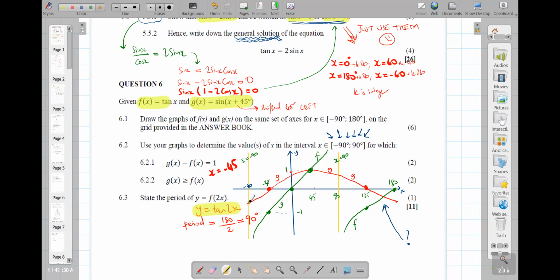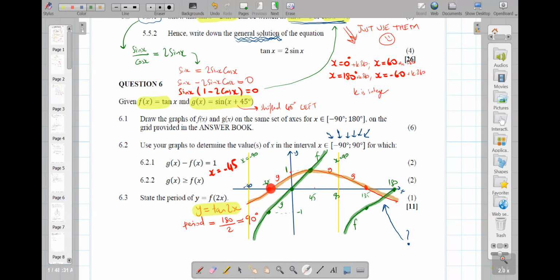So the red one is G, right? Yes. G is one more than the green one, which is F. So when they intersect, G is 1 and F is 0. So then 1 minus 0 would be 1, sir. When they intersect, they both equal 1. The difference is 0.